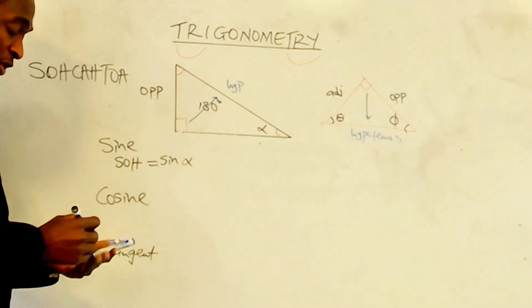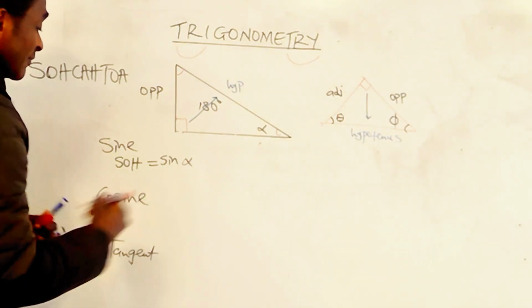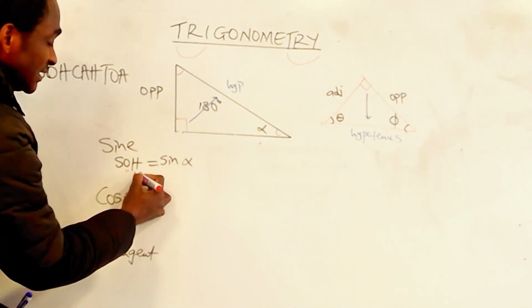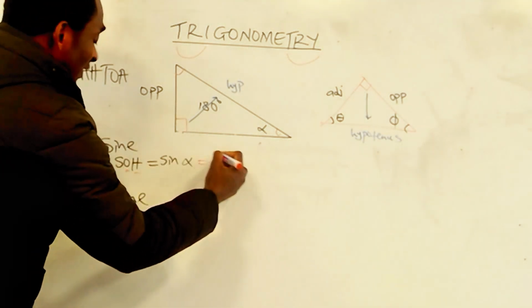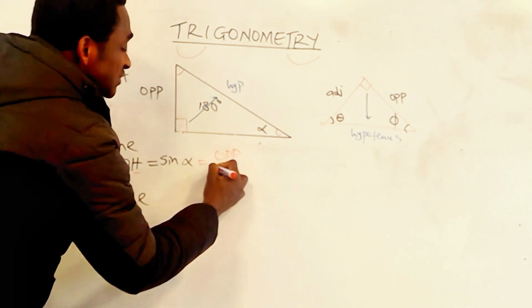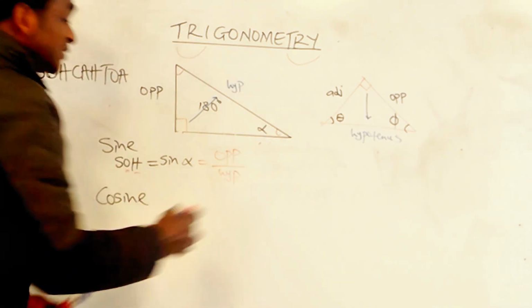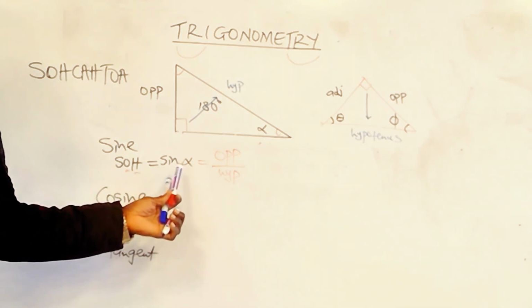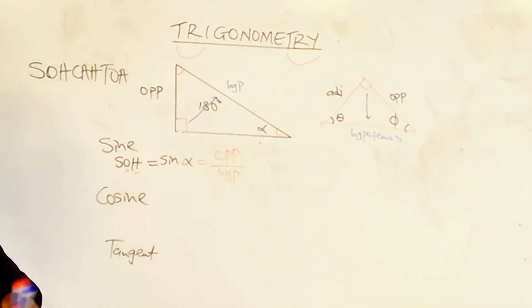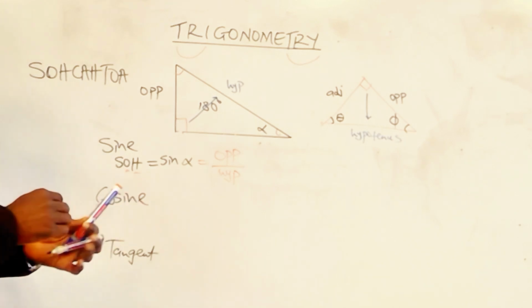O here denotes opposite, and H is the hypotenuse. So if I'm dealing with sine of alpha, I will have opposite over hypotenuse as the formula for figuring out this identity or any unknown side if the angle was given.